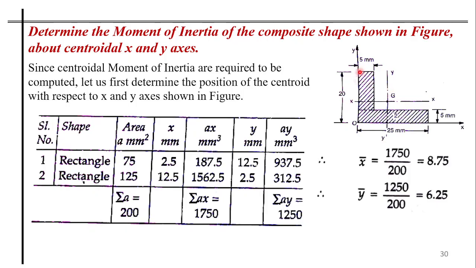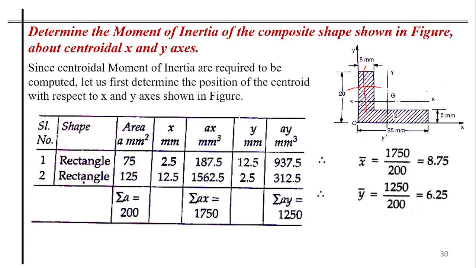So I need to transfer from this to this. And let me draw it here. For this rectangle that you are seeing, the centroidal axis for that is going to be located somewhere here.